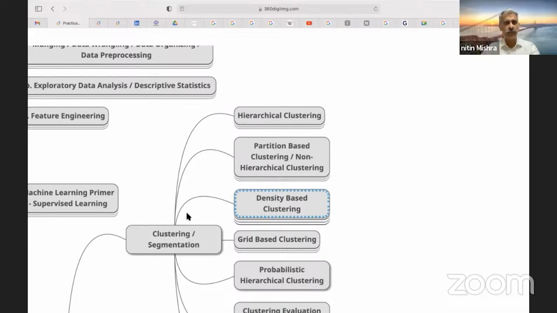Sure. If you look at the approaches, agglomerative clustering, that is hierarchical clustering, and non-hierarchical clustering, the specific model that we are speaking about is K-means.